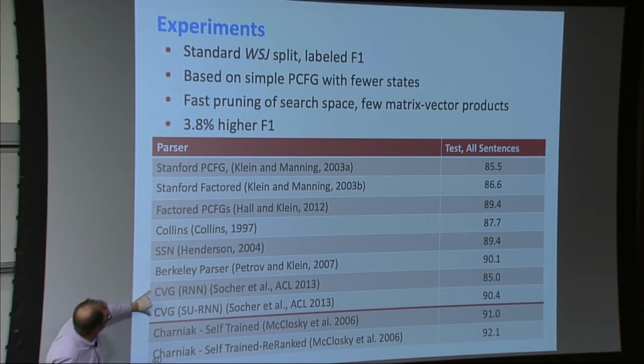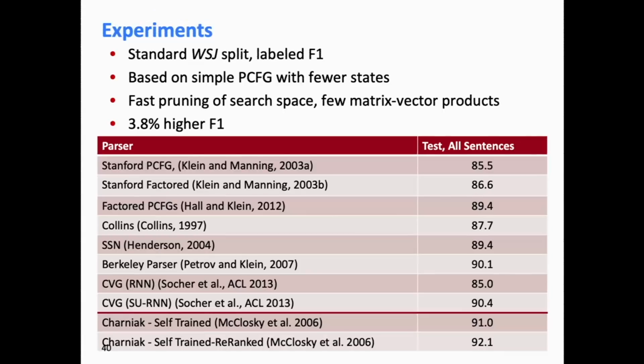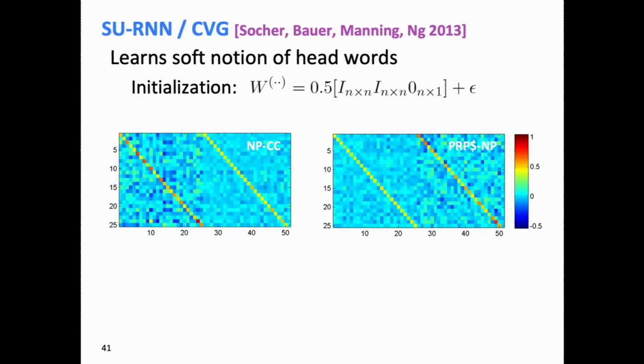At the time of this being done in 2013, it wasn't the very best parser available. There'd been some better work by Eugene Charniak at Brown, but we actually had a pretty good parser coming out of that system. But what was perhaps a bit more interesting was we didn't only have a parser that was meant to give the right parse trees.